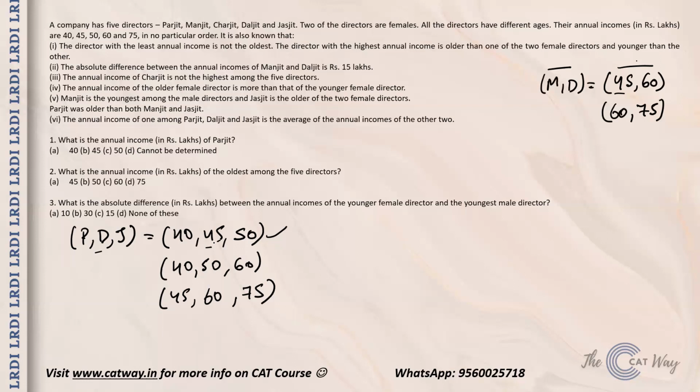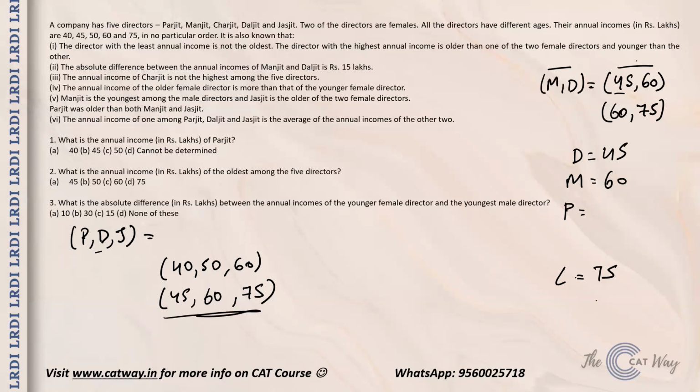So D is equal to 45, M is equal to 60, and P and J are one among 40 and 50. That means the one who is left, C, will be equal to 75. Whereas we have been given that the annual income of Charjit is not the highest among the 5 directors. So taking this case is not possible.